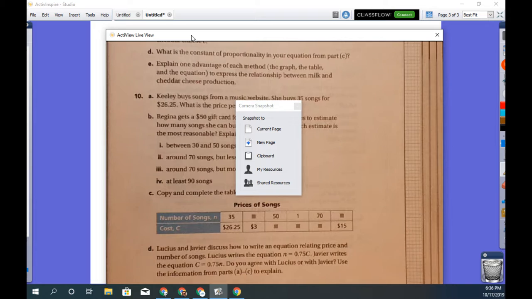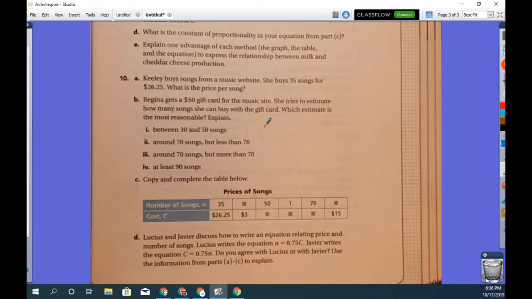So let's go ahead and bring this in the page. There we go. So number 10, Keely buys songs from a music website, and she buys 35 songs for $26.25. The math on this is going to be a little bit difficult. Regina gets a $50 gift card for the music site. She tries to estimate how many songs she can buy with the gift card. Which estimate is reasonable? Explain.